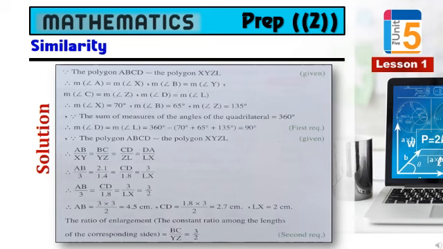And the ratio of enlargement, the constant ratio among the lengths of the corresponding sides, equals 3 over 2, and this is the second required.